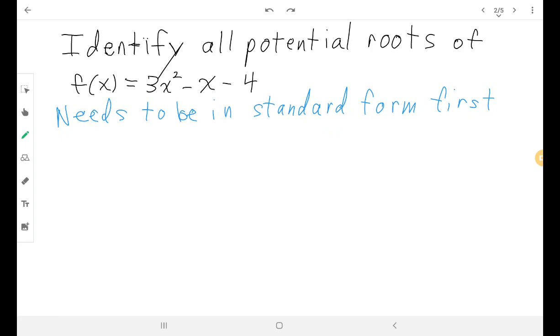And what the rational root theorem says is if you take all the factors of this divided by all the factors of that, then you have all the possible rational roots, okay?